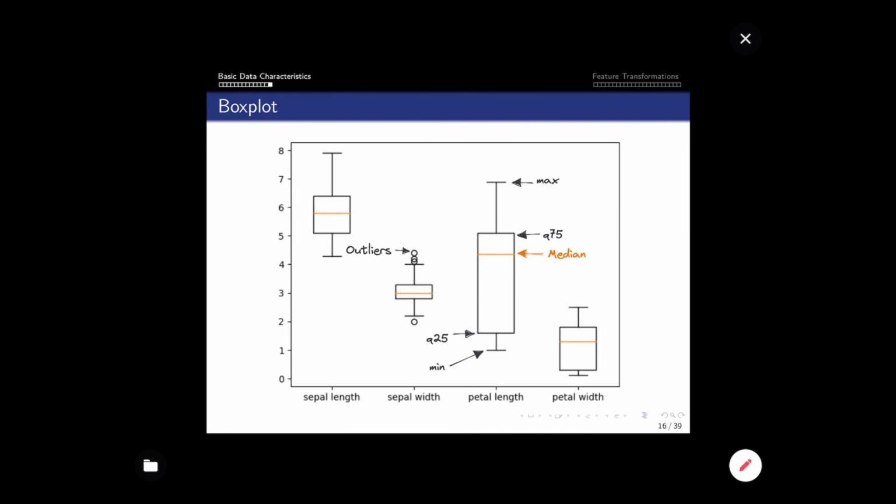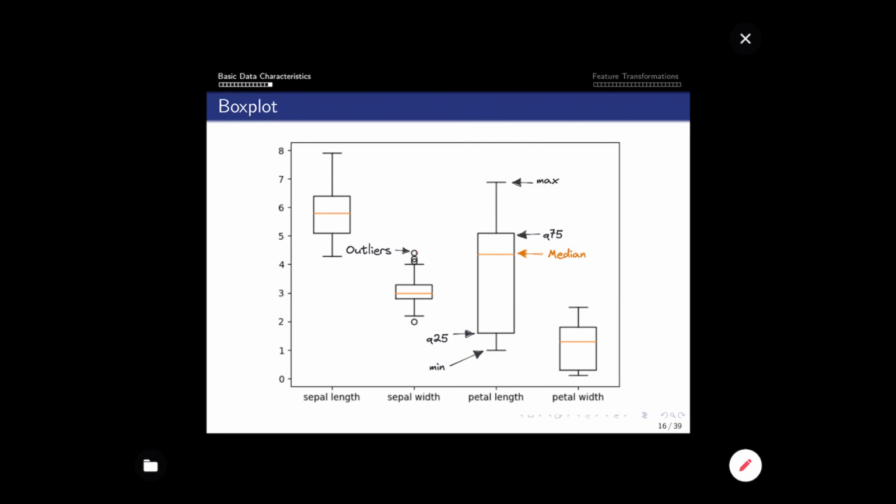You see this, for example, for this feature sepal width. Here we have some outliers indicated, so data entries which are actually outside of the maximum and minimum here. This is a nice indication of possible outliers, but I wouldn't interpret too much into it.